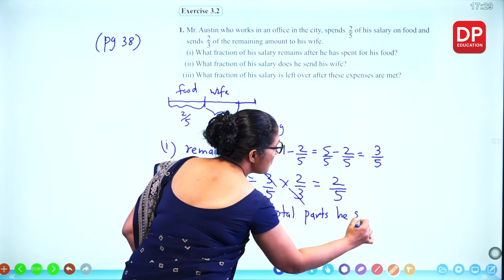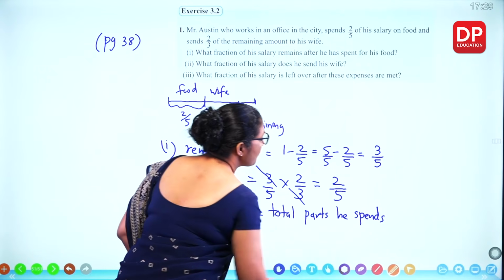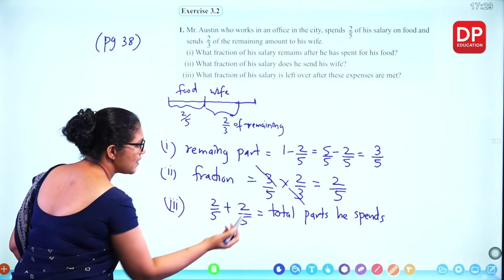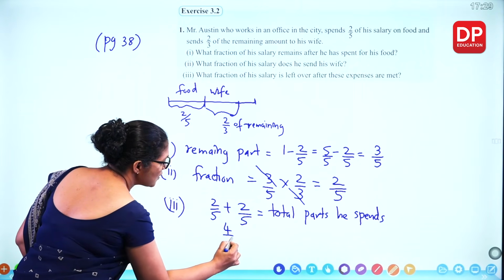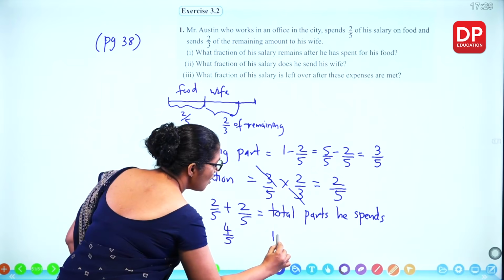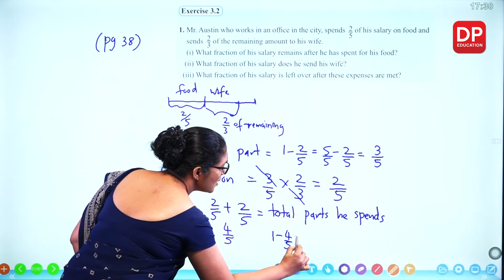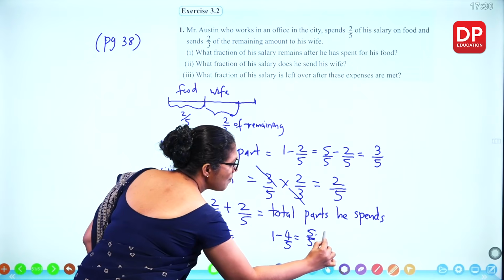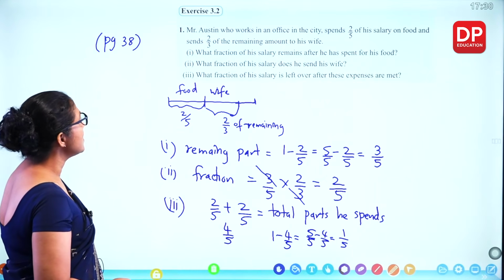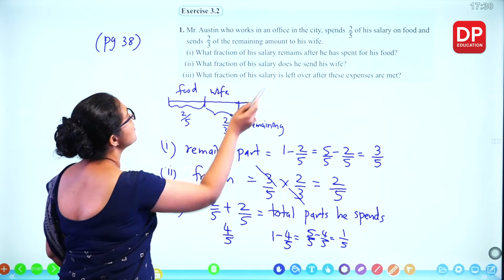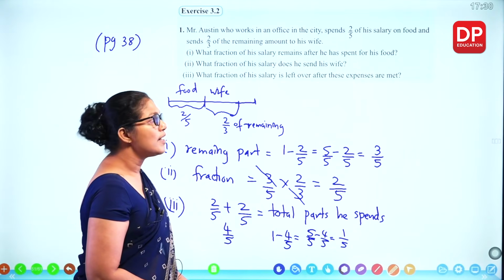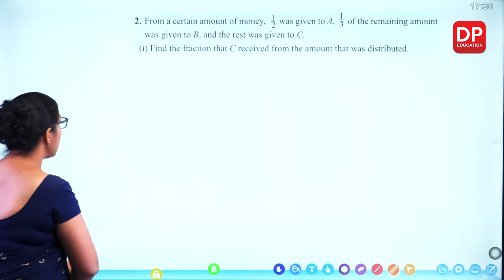Here 5 is the common denominator. You can straight away add 2 and 2. 4/5 he spent. So what's the remaining part? We know the full part is 1 minus 4/5. So again you can write 5/5 minus 4/5. You get 1/5. So the remaining part is 1/5. So the answer for the third part, what fraction of his salary is left over, is 1/5.